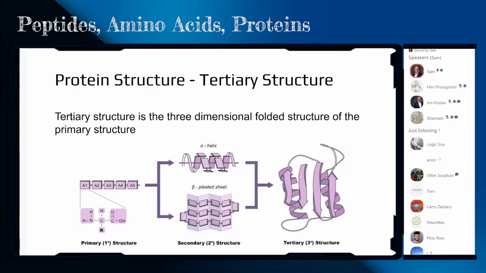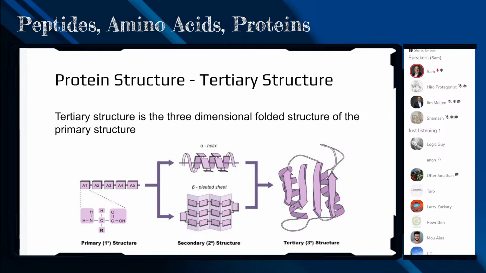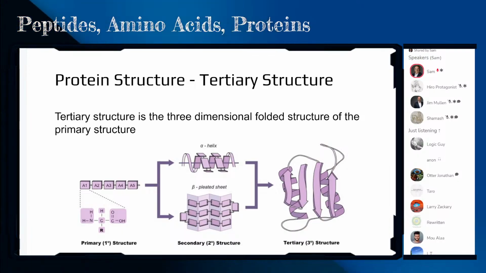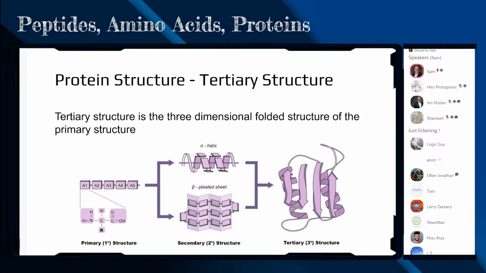After that, the whole protein folds onto itself and forms a shape that, if you look at it from the outside, if you don't go down into the molecular level, looks globular. It looks kind of like a spheroid object.